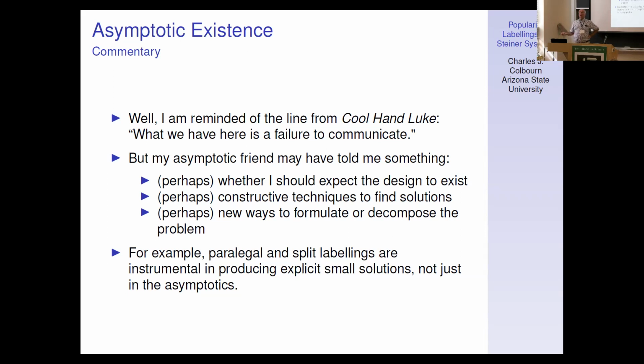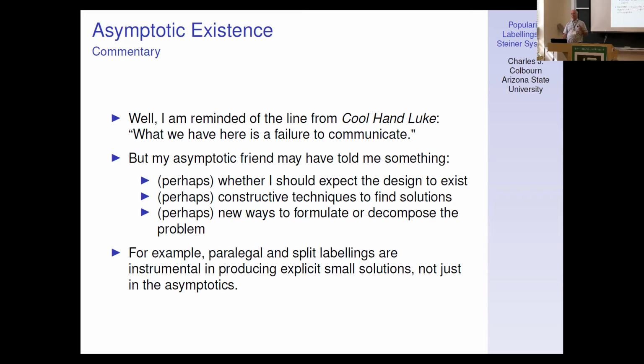Some constructive techniques you might use to try and find a solution, perhaps some way to formulate the problem or decompose the problem that might be useful even for small examples. So in our situation, parallel and split labelings show up very much in trying to get the asymptotic method to work, but they're also very good machinery for trying to build small examples.